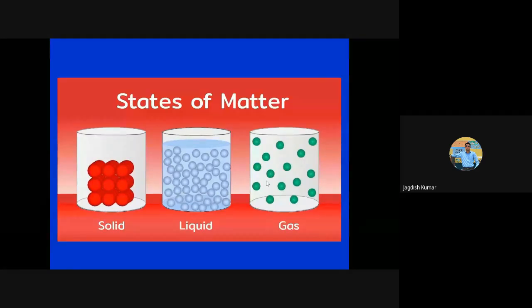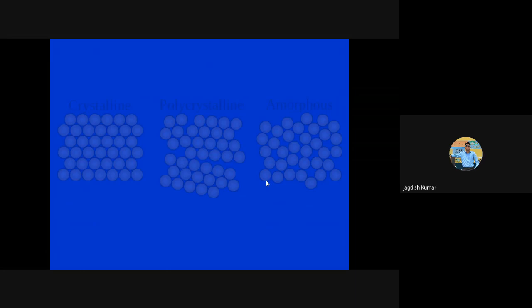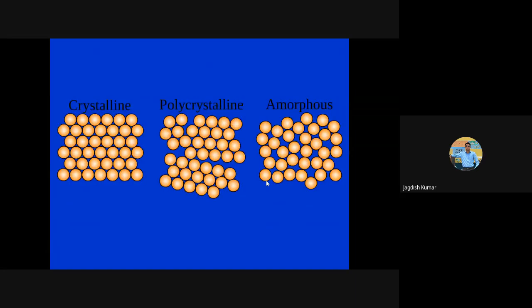This is just a preliminary way of classifying states of matter. Among solids, during most of our course we shall be concerned with the solid state, and in the solid state, with the crystalline solids.